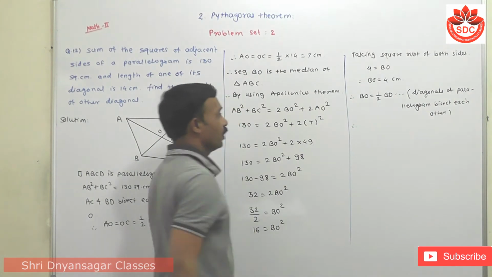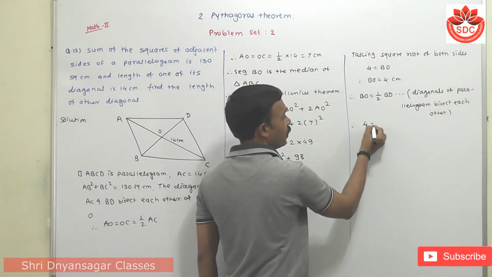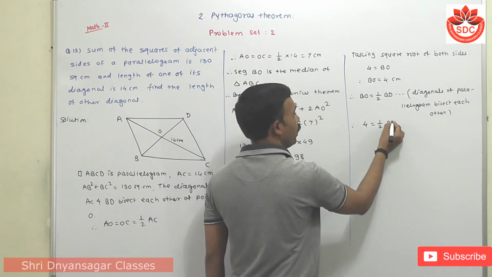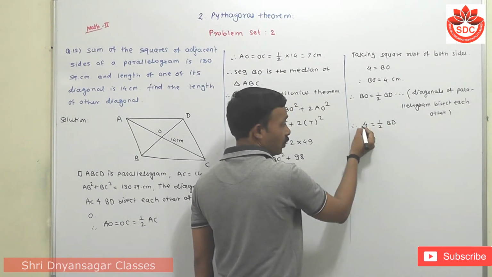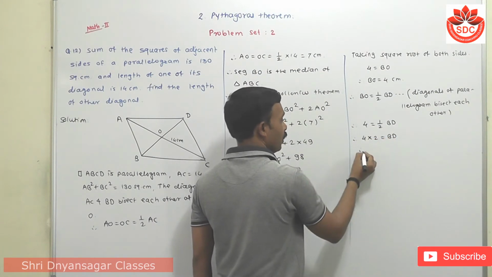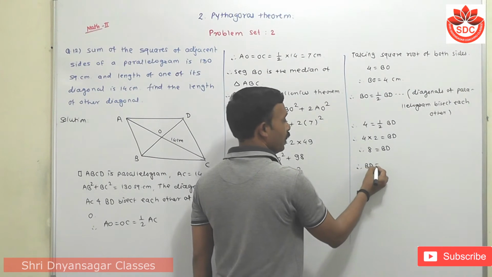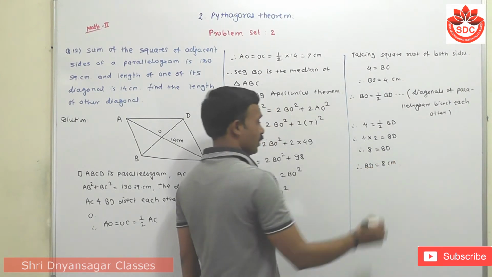Therefore, substitute the value of BO as 4 here, meaning 4 = 1 upon 2 BD. 2 goes to numerator, 4 into 2 = BD. Therefore 8 = BD. Therefore, BD = 8 centimeter.